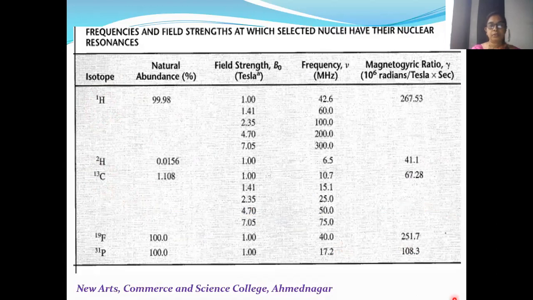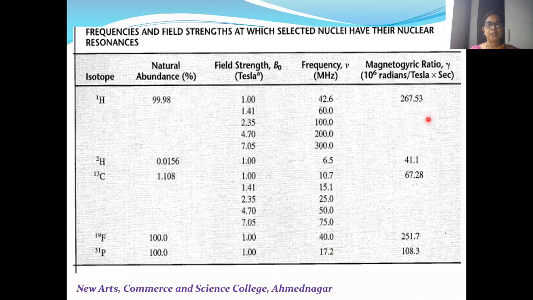Now if you see fluorine 19, at 1 Tesla, fluorine 19 has the absorption frequency 40.0, which is very close to H1, but still the two nuclei signals are not interfering in one another's spectrum.